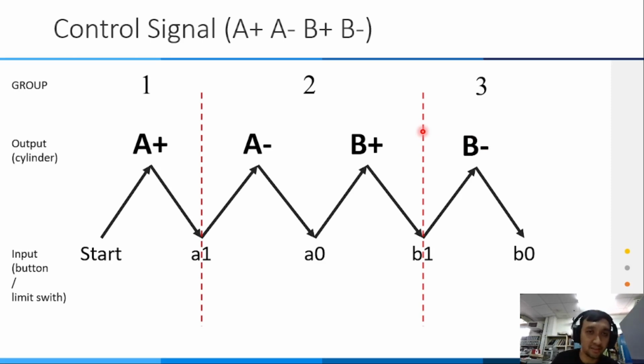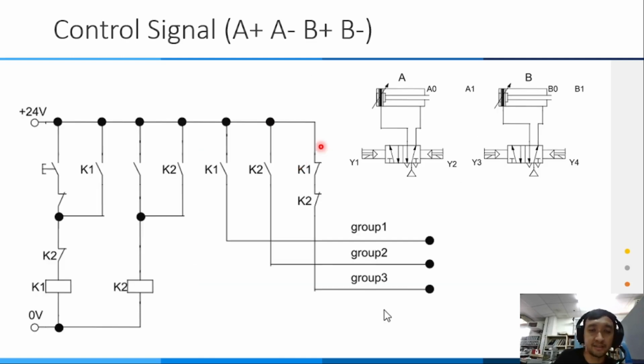After we draw this signal, we can move to designing the diagram in FluidSIM. We need to draw the cylinders and the valves.